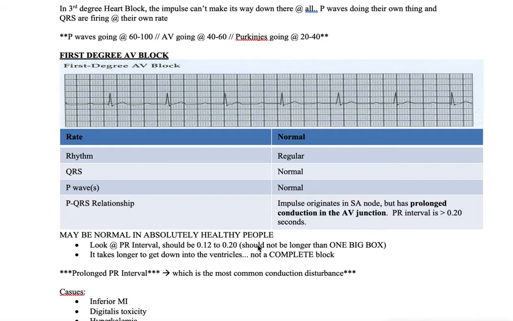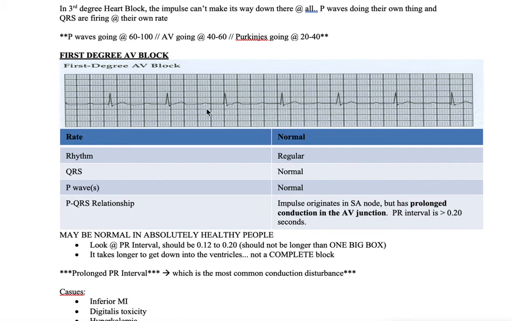So again, it should not be longer than one big box. And by big box, I mean this right here, this big box, and in there you can see the smaller boxes. If we look here, we'll take this segment, for example. Our P wave starts here, the atria fires, and we go all the way over. Let's see if we can find a better one.